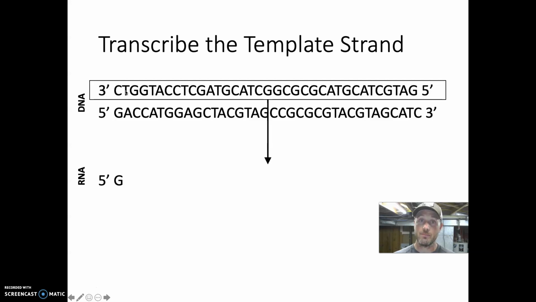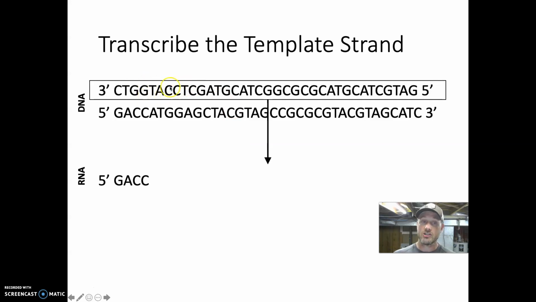The complementary base pairing rules tell us that T pairs with A in the RNA. So we're going to put an A in our RNA. The next position contains a G. Again, we know G's pair with C's, so we put a C in the RNA sequence. The next nucleotide is also a G, so we're going to put another C in the RNA.